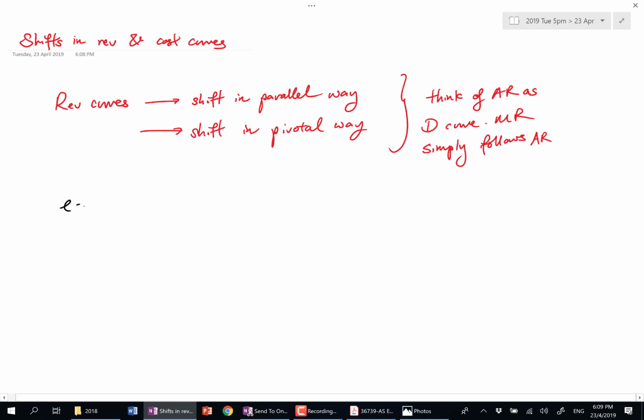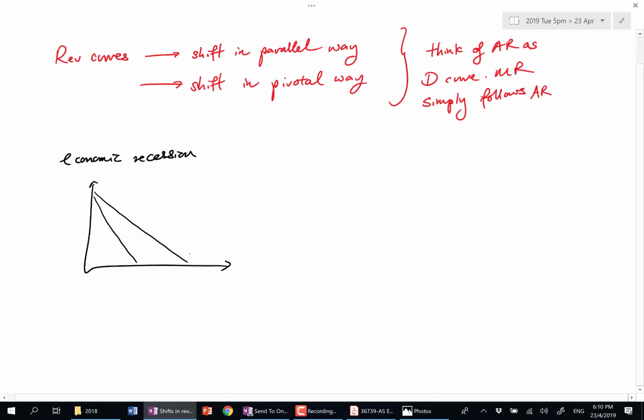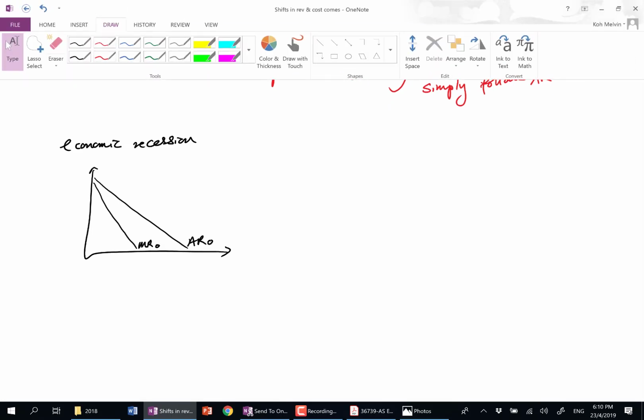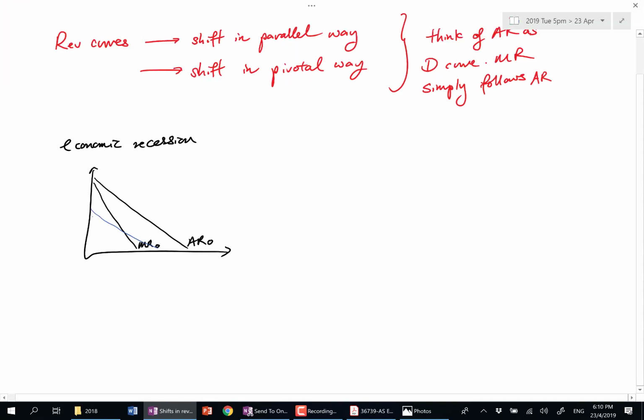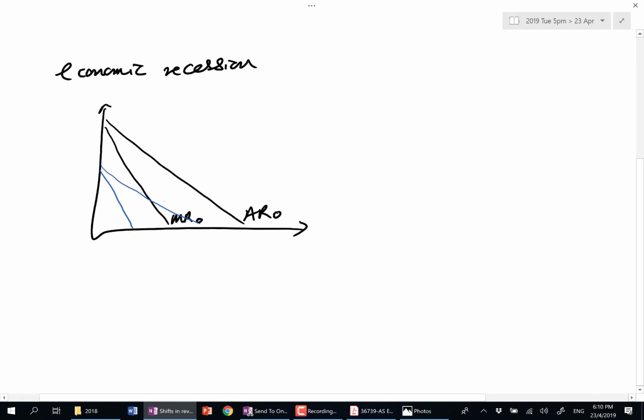Let's say there is an economic recession. Of course, we assume normal goods. If there's an economic recession, we will see this. AR0, MR0, shifting inwards. So this is AR1, MR1.